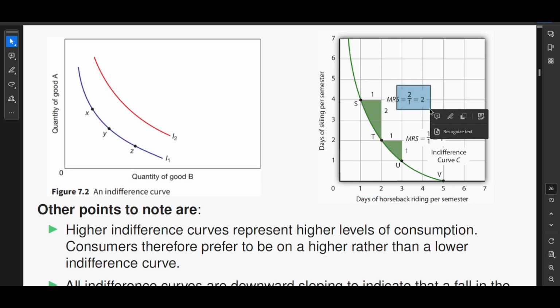Originally you have to give up more skiing to get high satisfaction from horseback riding, but once you've ridden all the horses, the satisfaction diminishes. This is why the marginal rate of substitution is getting smaller and smaller, due to the principle of diminishing returns.